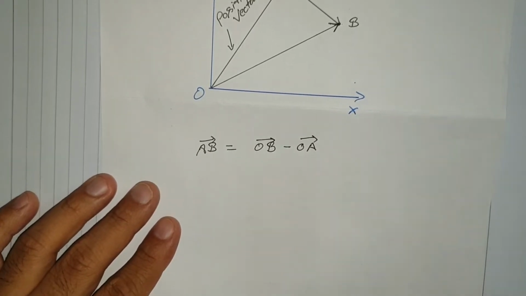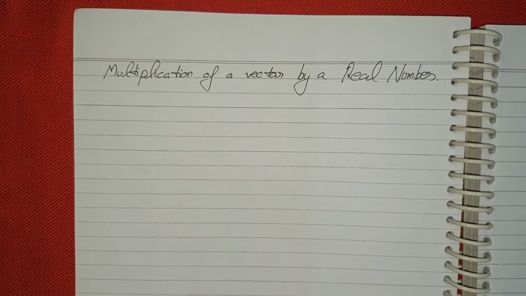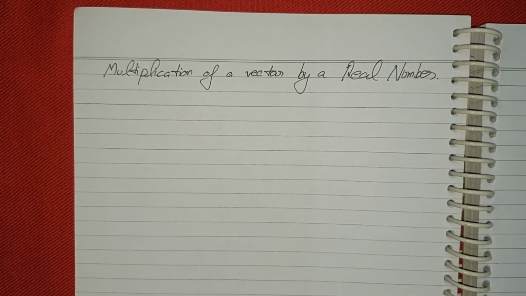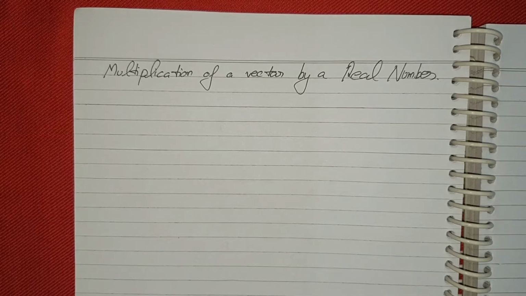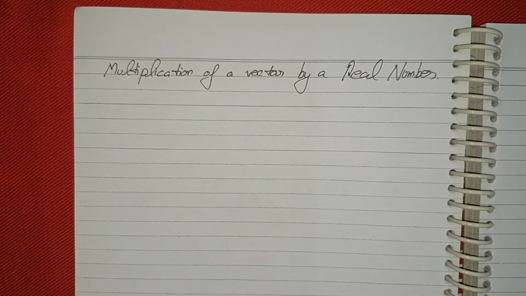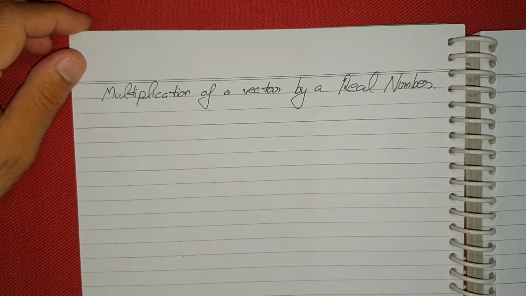Now, multiplication of a vector by a real number. If we multiply a vector by a real number, what we get is another vector whose magnitude becomes that number times the original, but the direction remains the same or opposite according to the sign of the number.